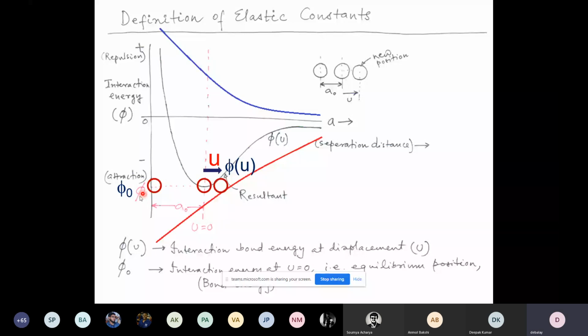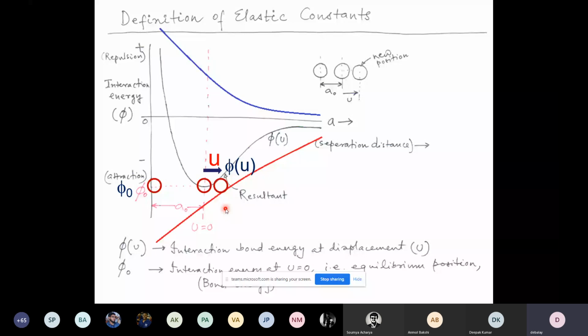Minimum energy phi naught. If you give a small displacement u, then the new energy position along the hill is phi u. So if you release, the energy would reduce and again come back to phi naught. And in that process, the atoms will get stretched and again come back to their lattice spacing.